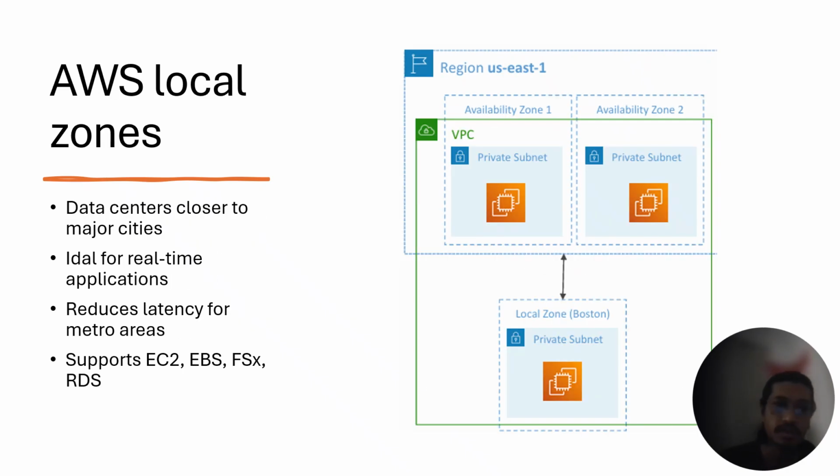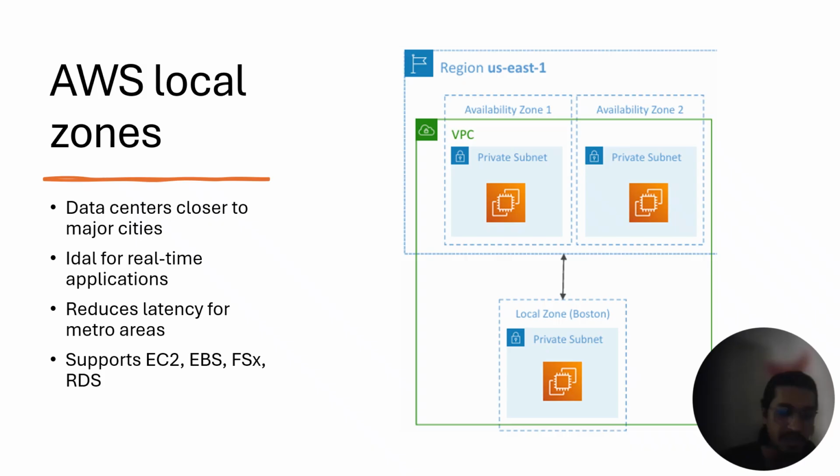Moving on to the Local Zone. AWS Local Zones place compute and storage services closer to end users in major cities. They minimize the latency for applications such as video editing, gaming, live streaming, and engineering simulations.